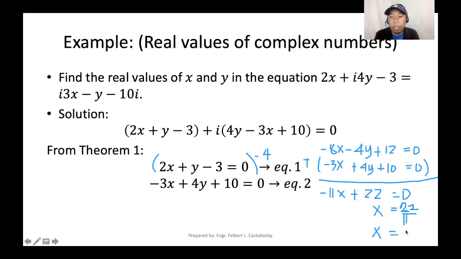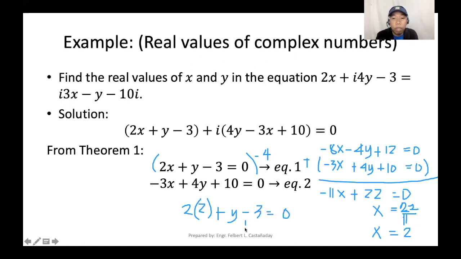So the value of x is 2, and then you substitute. Use equation 1 to solve for y. So using equation 1, 2 times 2 plus y minus 3 equal to 0.